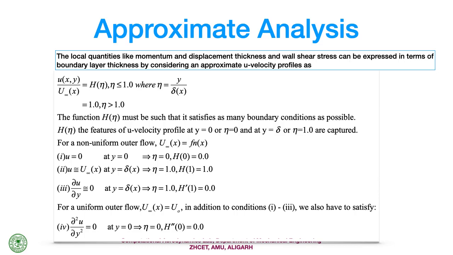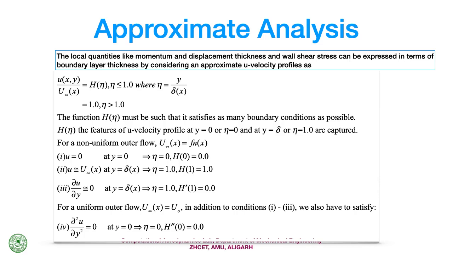Now let us first see what are the boundary conditions which need to be satisfied. For all of you students, this is very important. So the boundary velocity I have written, h of eta, can be any function of eta. It can be parabolic, it can be sine, trigonometric, it can have many components.